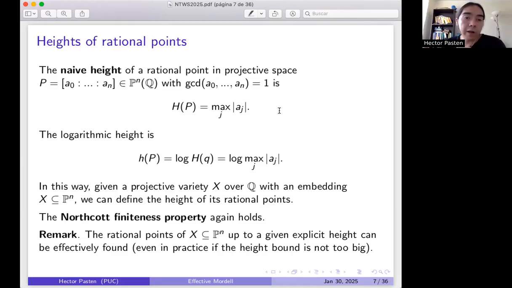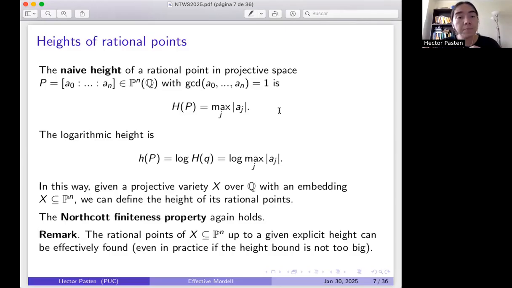And in this way, every time you have a projective variety defined over Q, if you're given an embedding of your projective variety in some projective space, then we can talk about the height of the rational points of this variety. It's not uniquely defined because it depends very much on the embedding, but nonetheless, if the variety is projective, there is at least one such embedding. So we can have at least one notion of height.